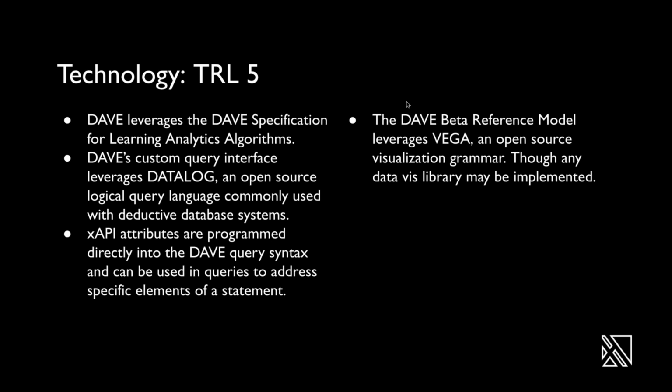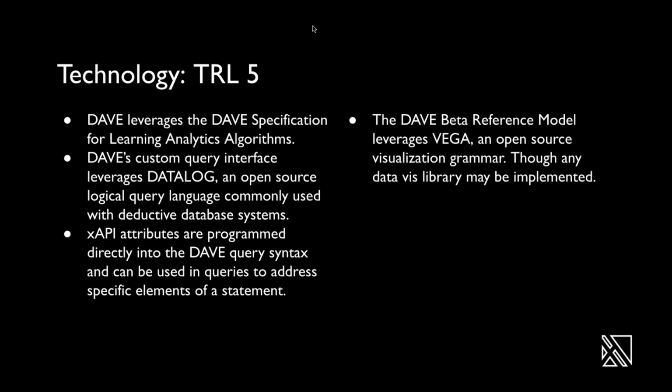XAPI attributes are programmed directly into Dave, into the query syntax, and can be used in queries to address specific elements of a statement. So as we'll see in the next slide, I believe, all of the possible attributes of an XAPI statement are baked directly into the query mechanism within Dave, and I'm able to easily swap out for what it is that I'm looking for in my query.